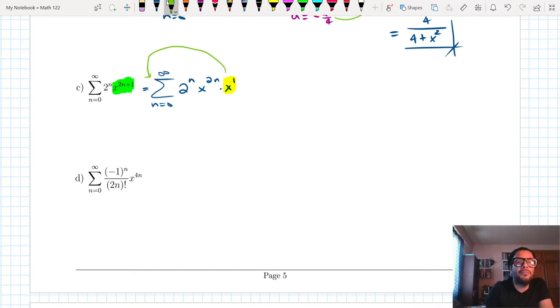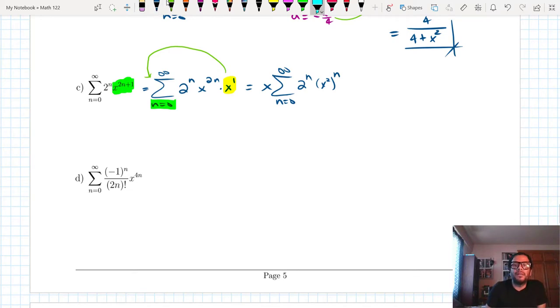I'm going to take this out because ultimately the series is in terms of n, not in terms of x. So x is basically constant for our series. And then I'm going to write x times sigma n equals 0 to infinity of 2 to the n times x squared to the n.